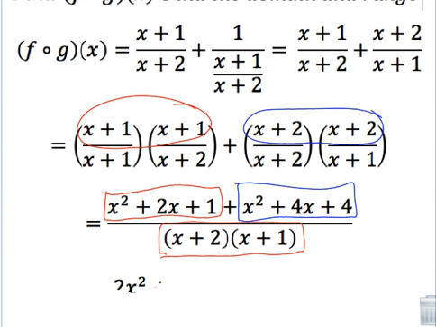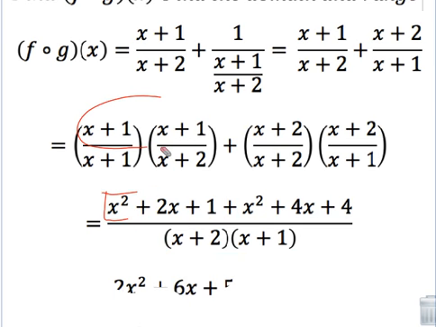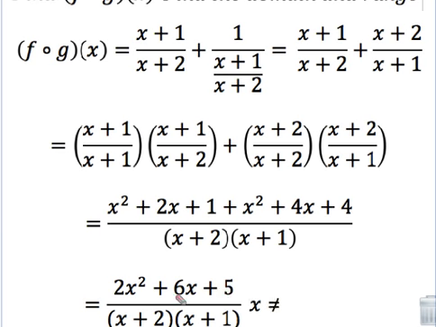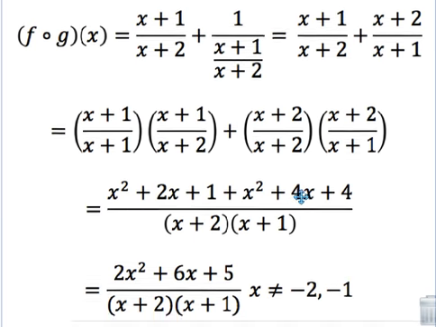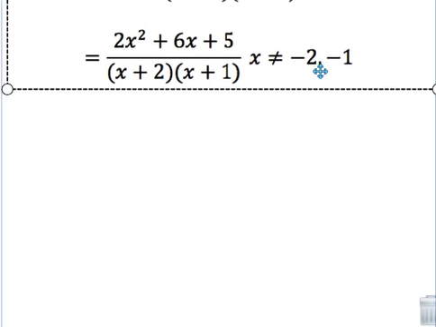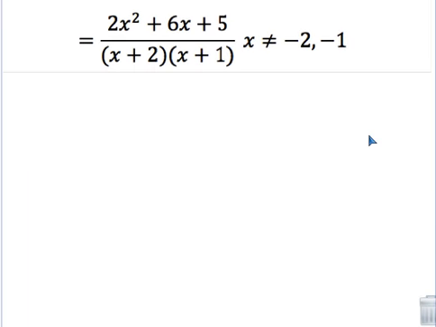At this point, I can combine all like terms, and I get my final answer, which I cannot simplify anymore. This is as simple as it gets. I get 2x squared plus 6x plus 5, and then in the denominator I have x plus 2 times x plus 1.